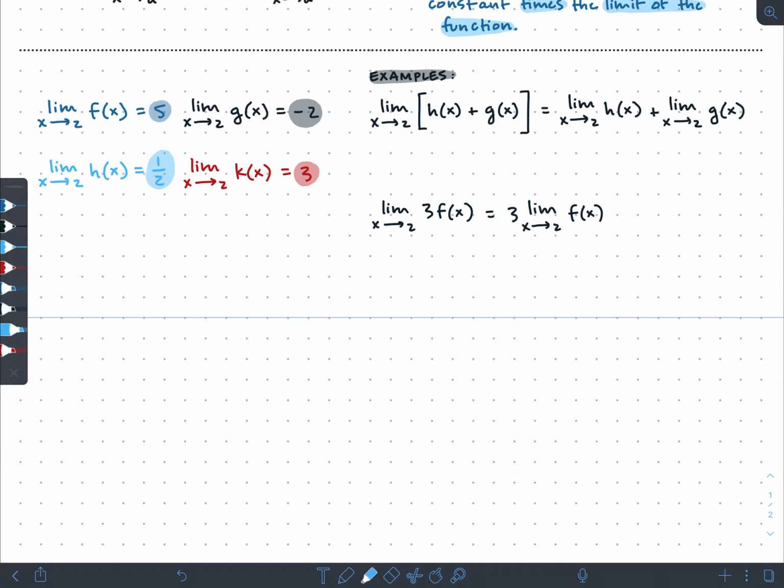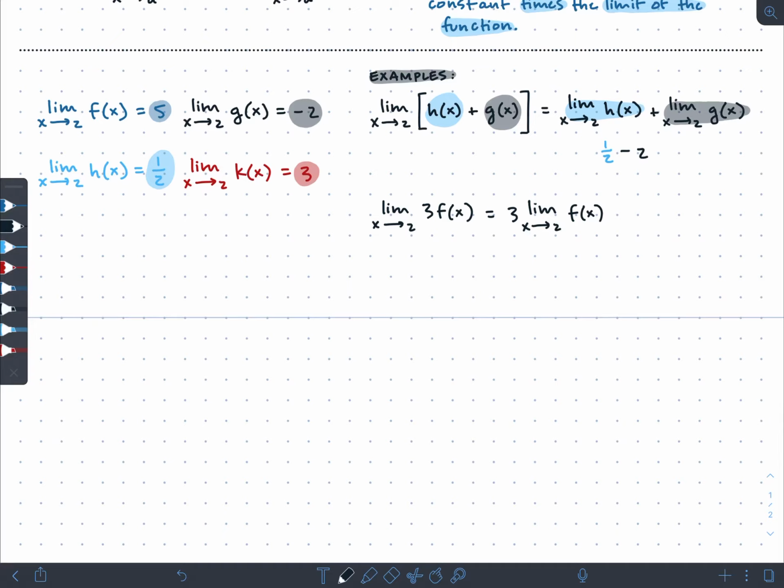So if we wanted to evaluate the limit of h of x plus g of x, and I'm going to do this color-coded, that means I'm going to take the limit of h of x plus the limit of g of x. And we see from the given values, the limit of h of x is 1/2, and the limit of g of x is negative 2.